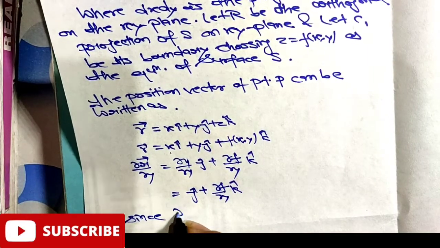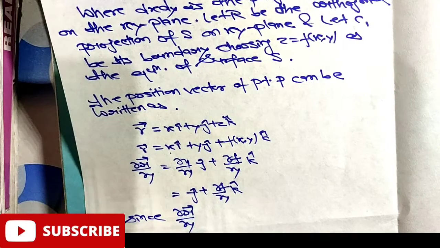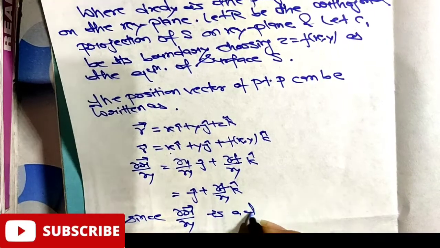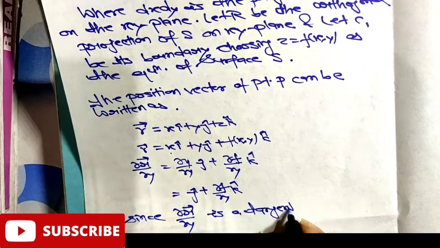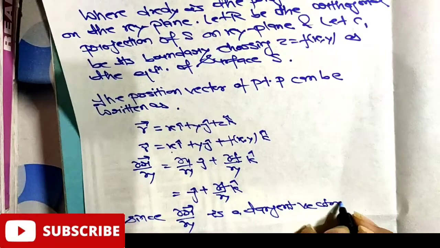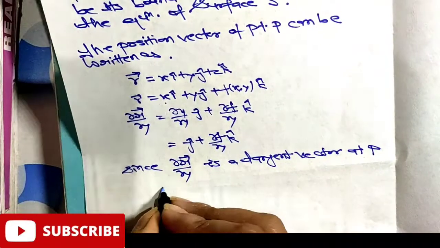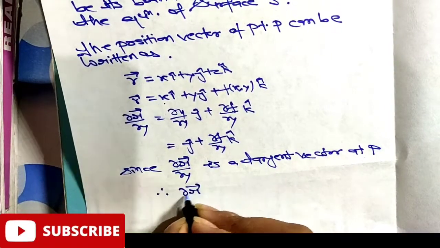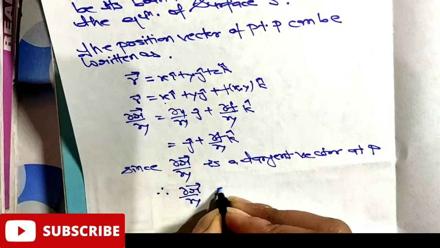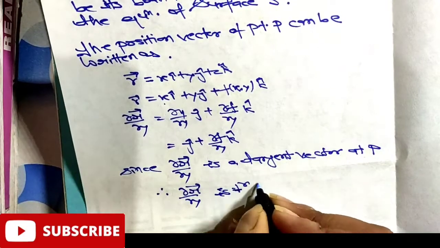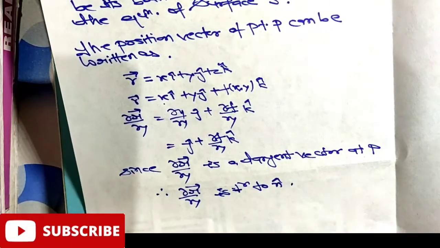Since del r vector upon del y is a tangent vector at P, therefore del r upon del y is perpendicular to n cap.